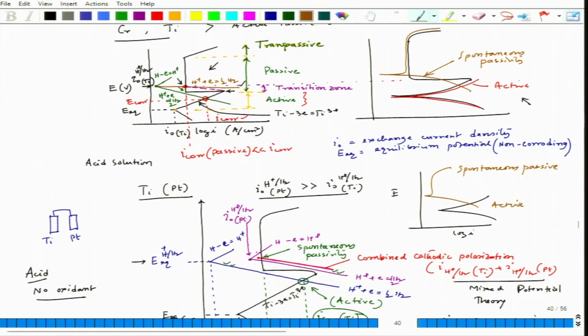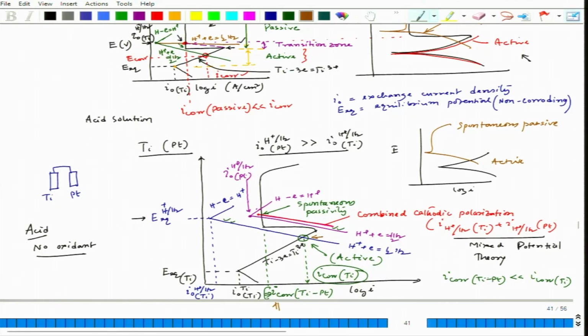So if we don't do any polarization study, titanium will corrode at this corrosion rate, and if we leave it connected with platinum, it will corrode at this rate. So there will be a huge reduction in corrosion when we connect it to platinum.